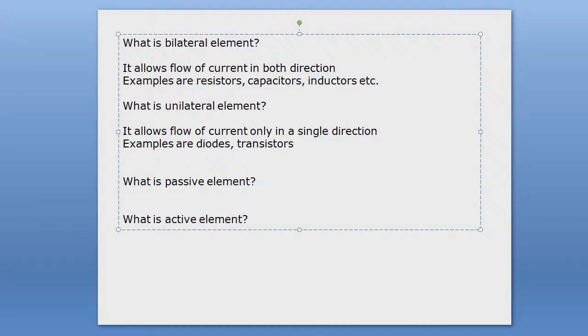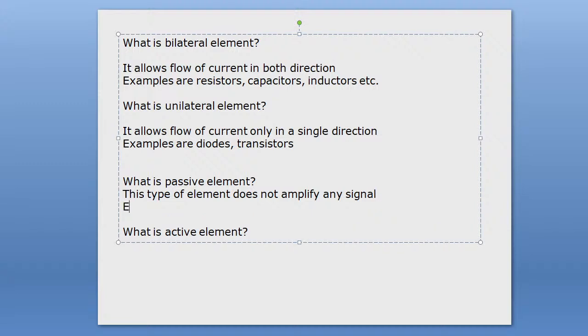This type of element does not amplify any signal. It has no capability to amplify a signal.